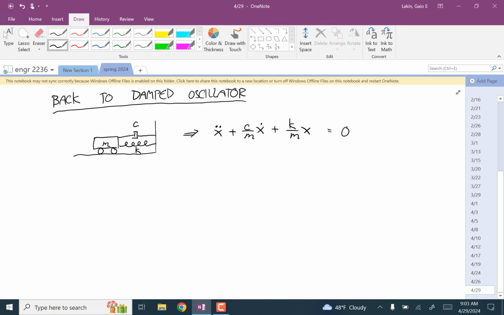And we assumed a solution x of t equal to e to the lambda t. And using that assumption, we got the following roots.